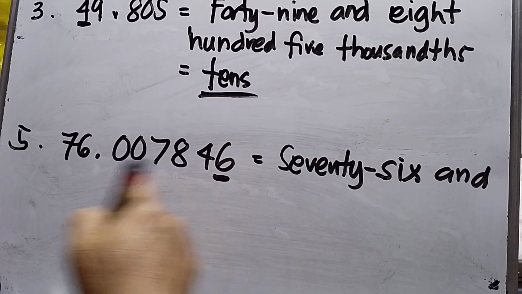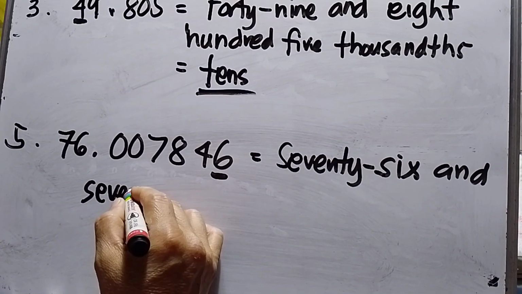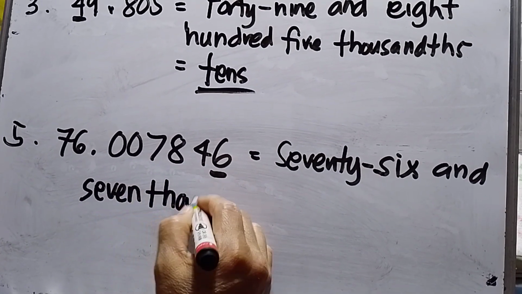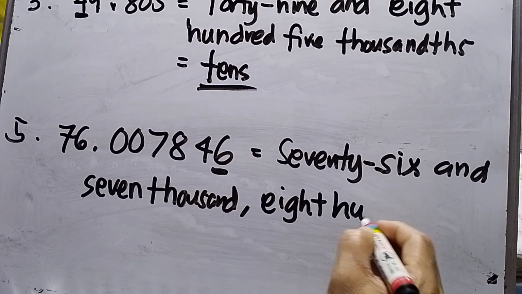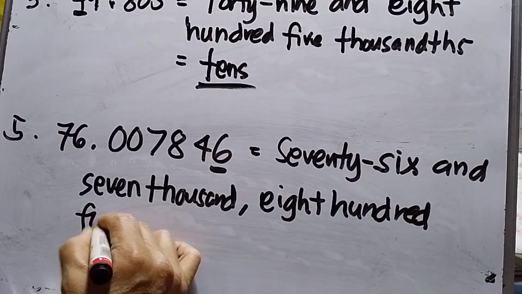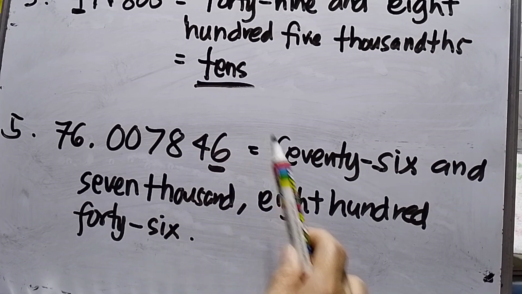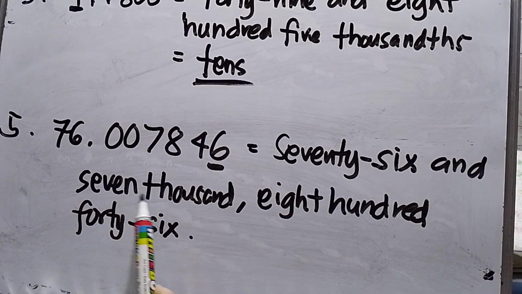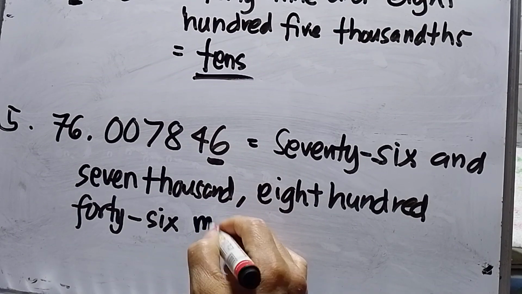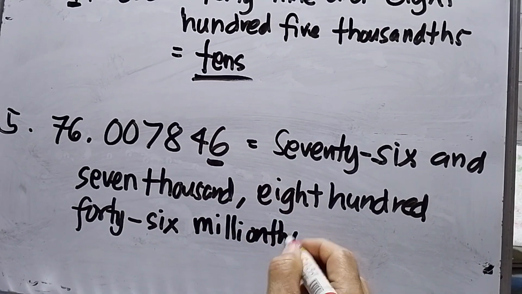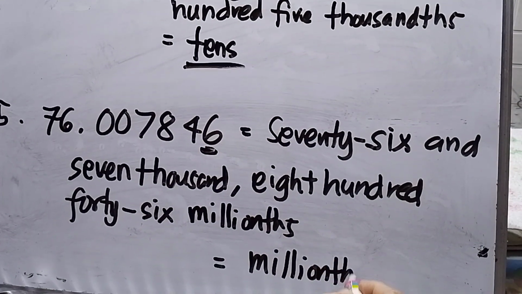So this will be 76 and 7,846 millionths. And then the underlined digit is in the millionths place. Okay, that is letter B.